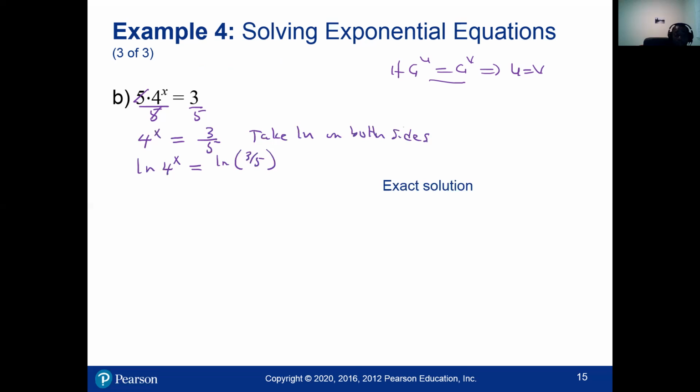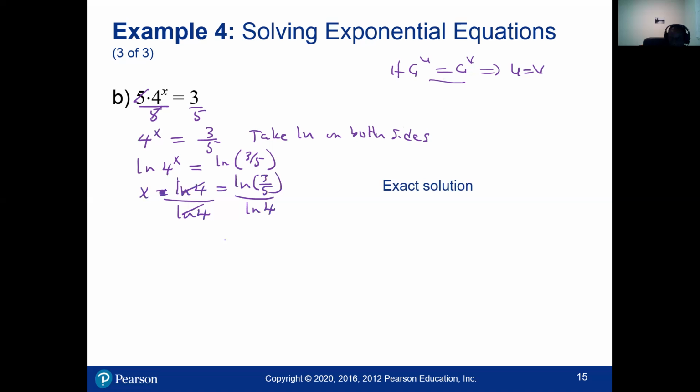Unless the question says round it to a certain decimal, do that at the end of the solution. So this becomes x times natural log of 4 is equal to natural log of 3 over 5, put in parentheses. Therefore, divide both sides by natural log of 4, and natural log of 4 cancels out.